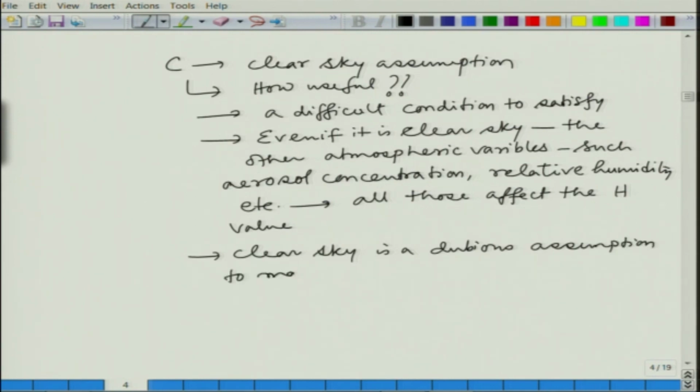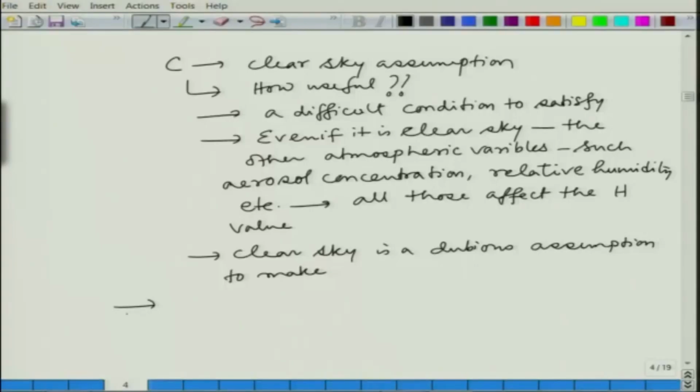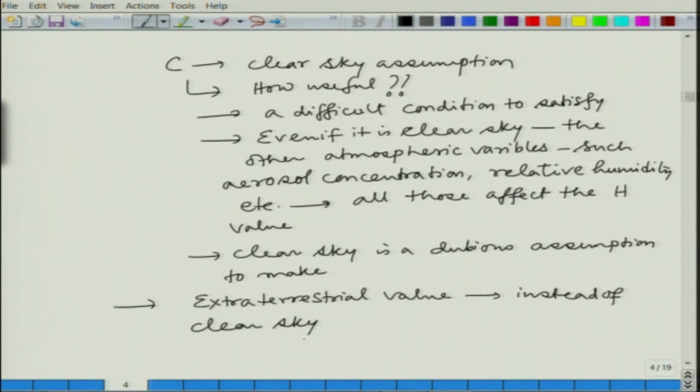to make. Okay. That is why, initially, for a long time this clear sky assumption data were maintained and used. Okay. But recently, for the past few decades, we are using extraterrestrial value, okay, instead of clear sky value. Why do you use that extraterrestrial value?